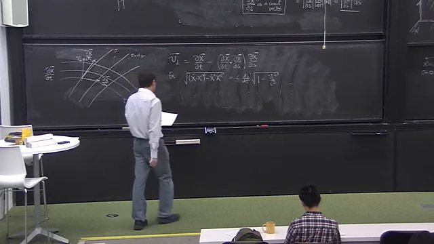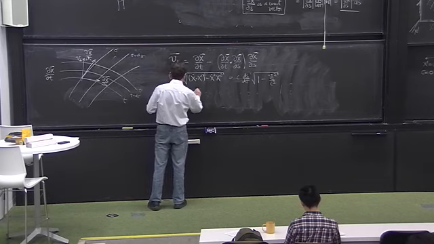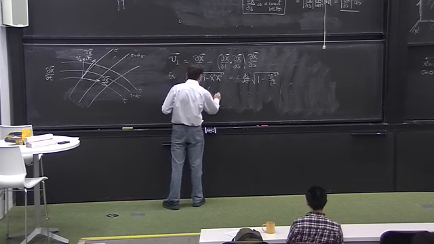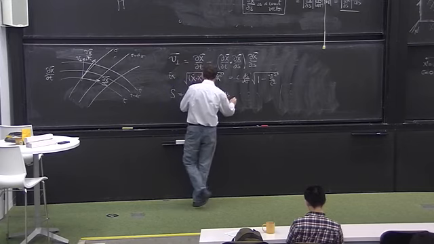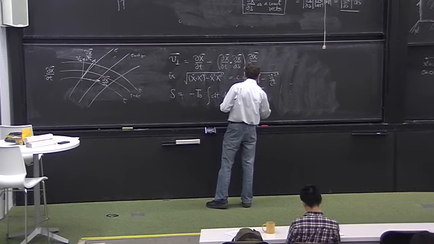So it means that the Nambu-Goto action is what? Minus T naught over c, but the c will cancel, dt ds square root of 1 minus v perp squared over c squared.